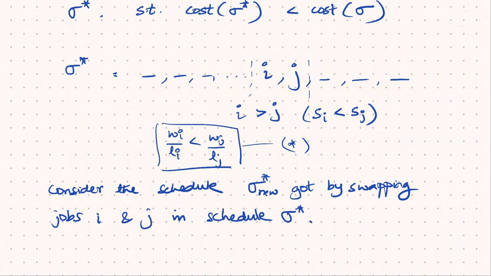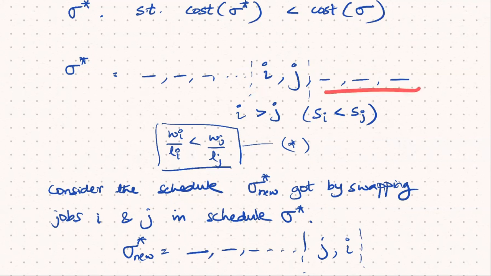Okay, so our sigma star new will have the same jobs as in sigma star till this point here, then it has job J, and then it has job I, and then again all these jobs are the same as in sigma star.